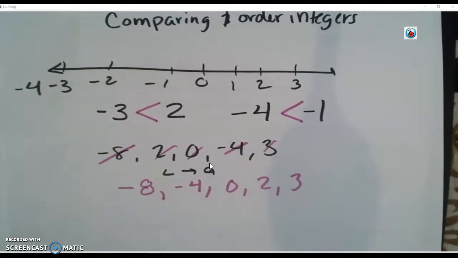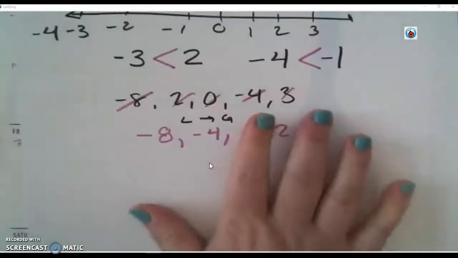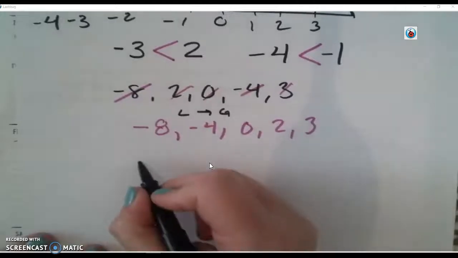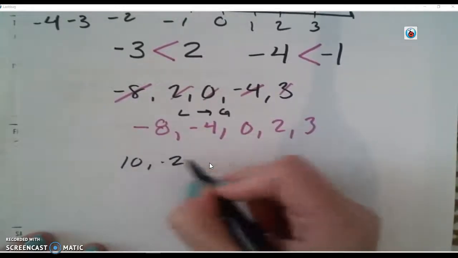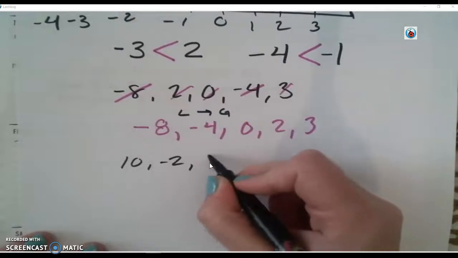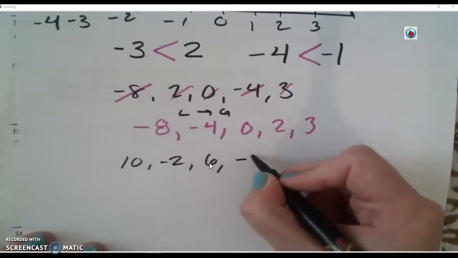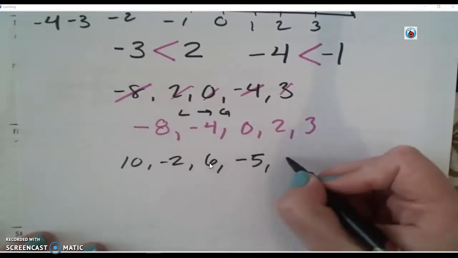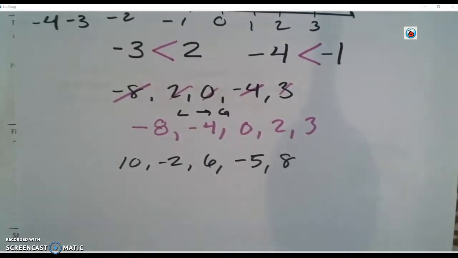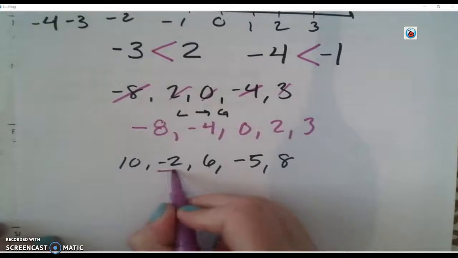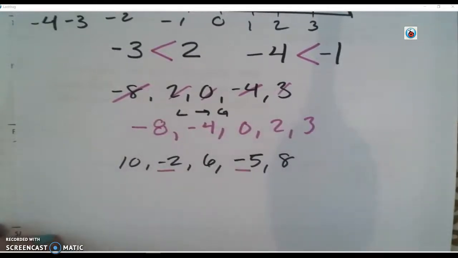Let's look at another example. If I had 10, -2, 6, -5, and 8. Okay, so again, least to greatest. Negatives come first when we're doing least to greatest because they're smaller.